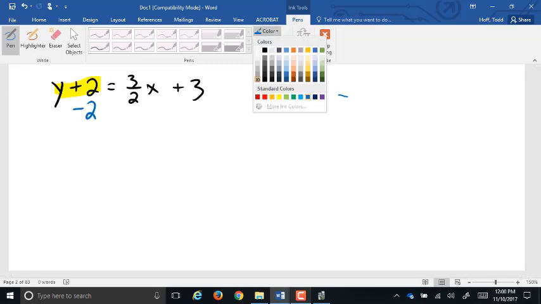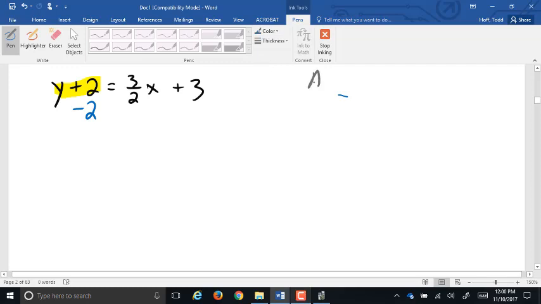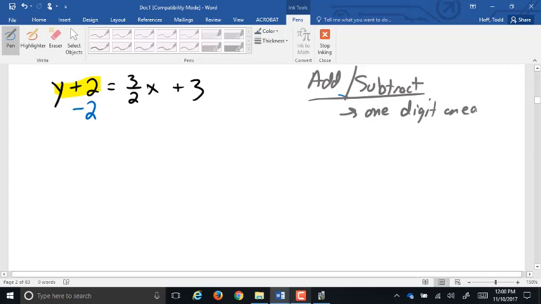A little side note here before we finish that. When we add or subtract, you only have to do that to one digit on each side. By digit, y would be a digit, the plus 2 is a digit, 3/2 x is a digit all by itself, and the plus 3.